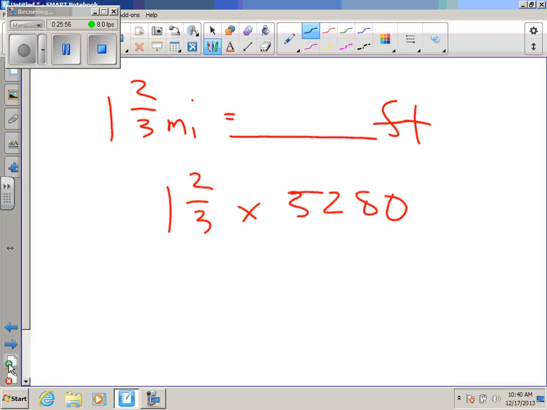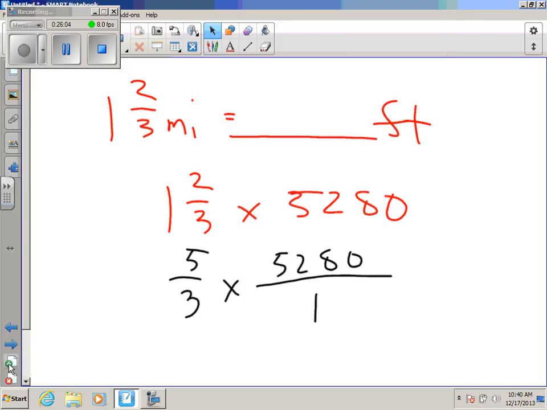Good. So 5 over 3, 5,280 over 1. Well, think about it. If you have knowledge of your divisibility rules, the only thing that you could possibly reduce this by would be 3. Think back. Is 5,280 divisible by 3? We just did it, right?